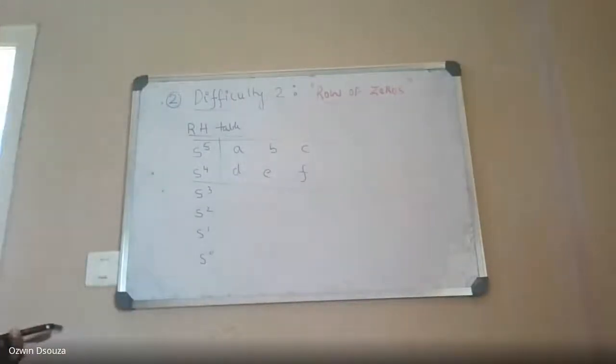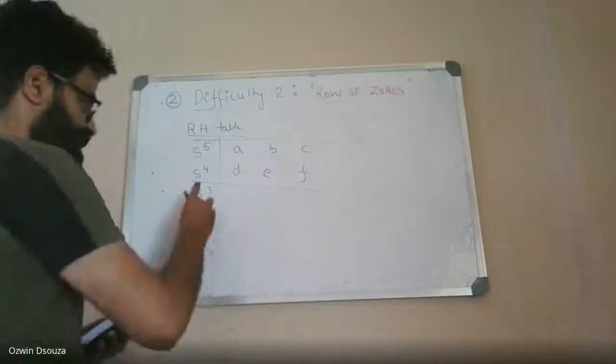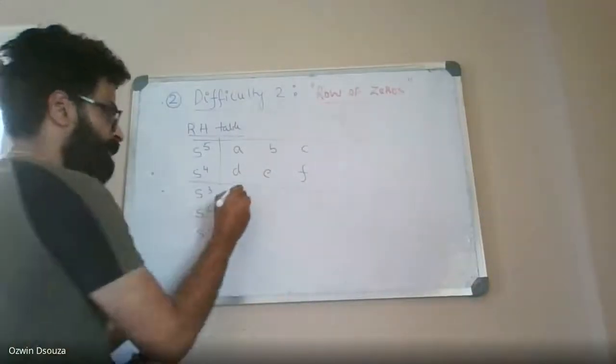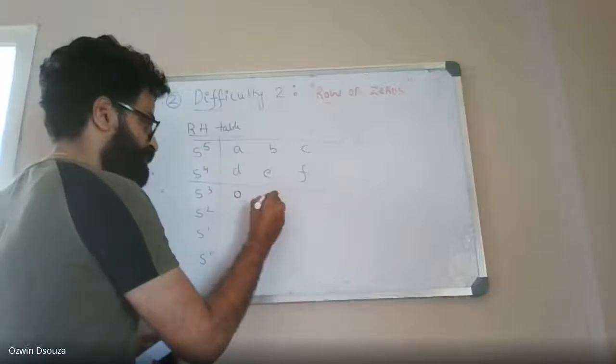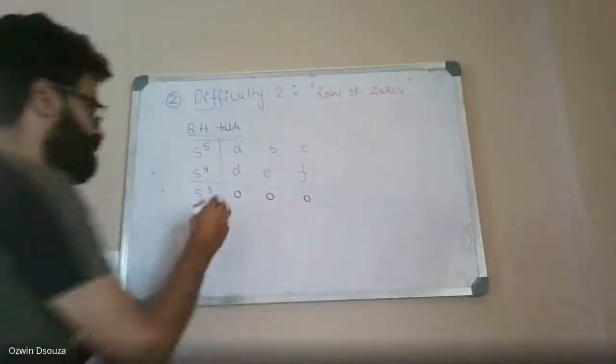And let's say when we try to find the coefficient of S to the power 3 row, assume that you get all the coefficients as zeros.